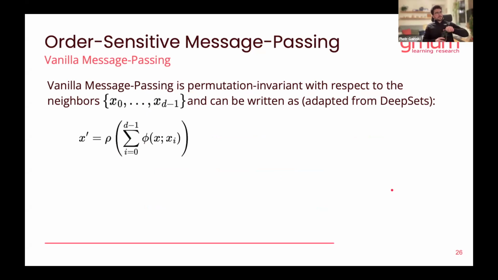First of all, I guess you all know the vanilla message passing scheme, which is permutation invariant with respect to the nodes.